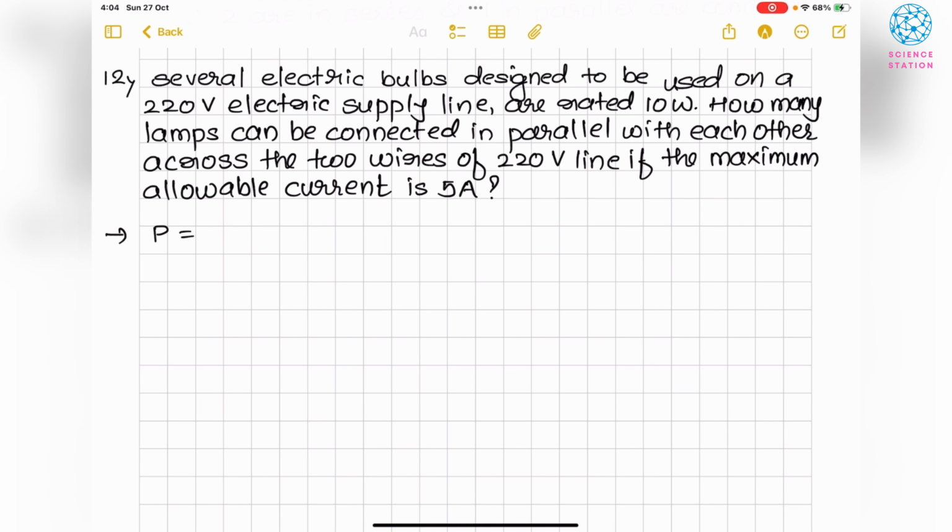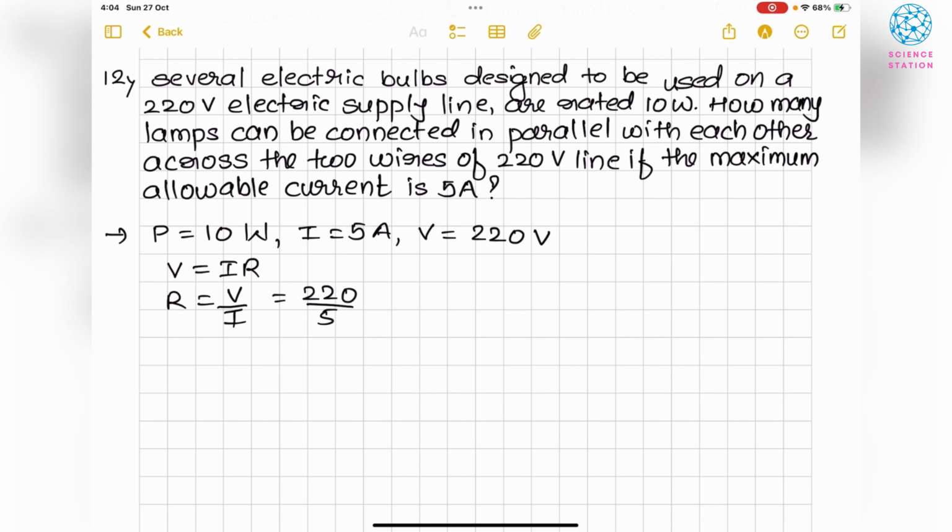So P is 10 watt, I is 5 ampere and V is 220 volt. So first V equal to IR. So R will be equal to V upon I. So that is 220 upon 5. So 44 ohms.